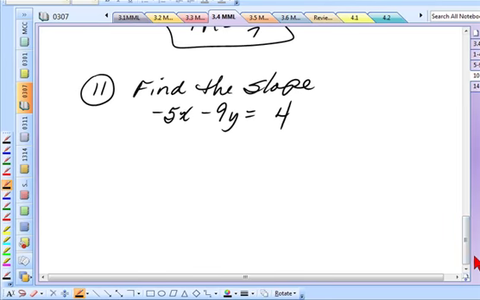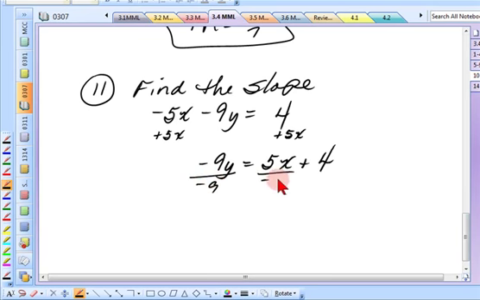What form does the equation have to be in? Y equals. So I'm going to add 5x. That gives me negative 9y is equal to 5x plus 4. And my last step, divide by negative 9.